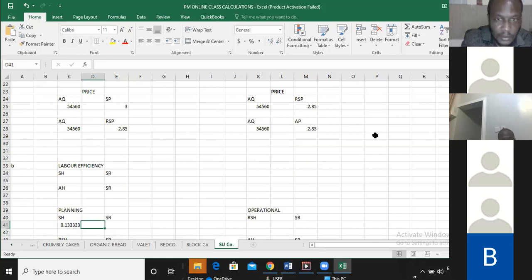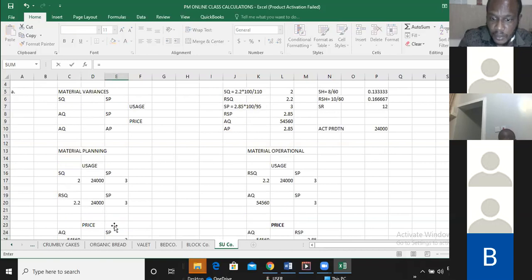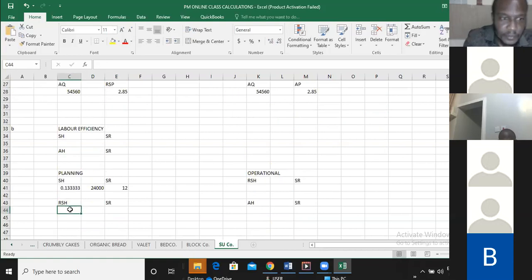I hope I didn't jump anything. And then standard rate is rate per hour. So that's the 12 there. And then our revised standard hour, I think our revised standard hour was the 1.666.